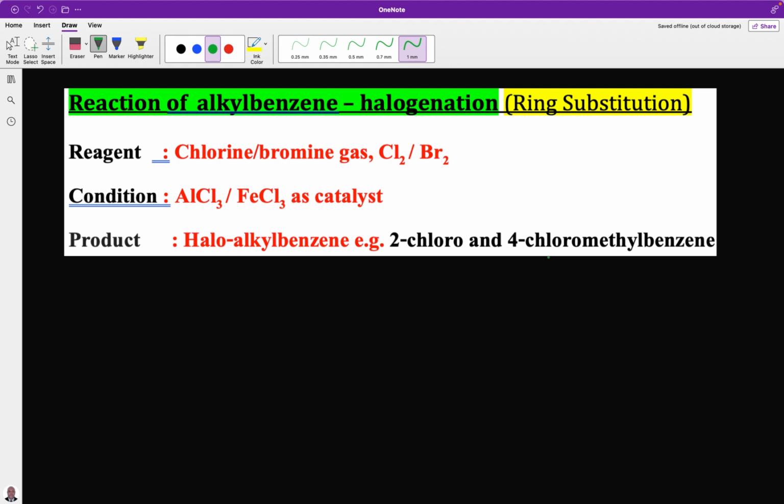It should be noted that this is how the reaction will go. We will have this methylbenzene.